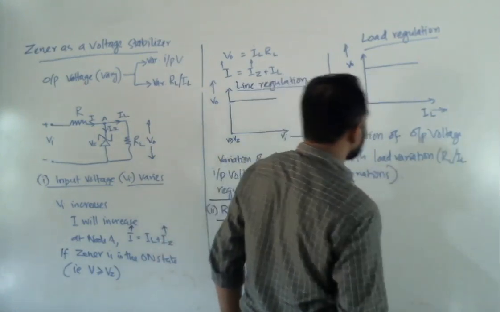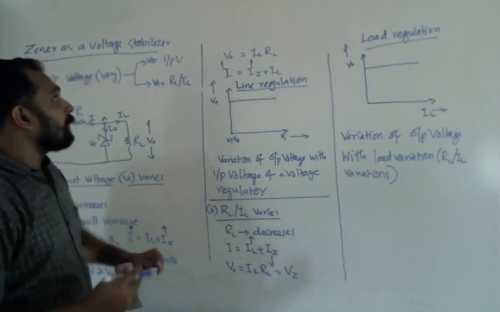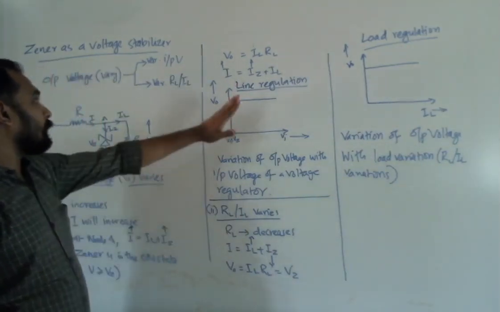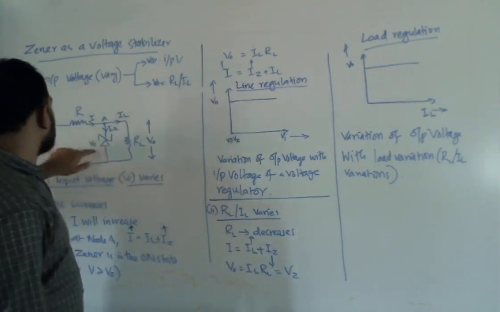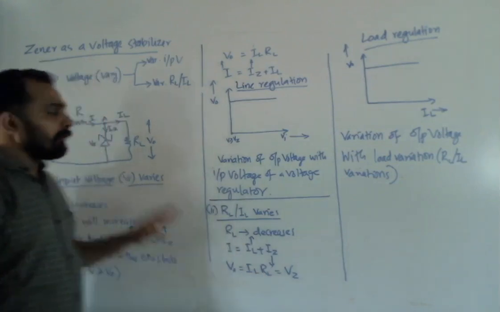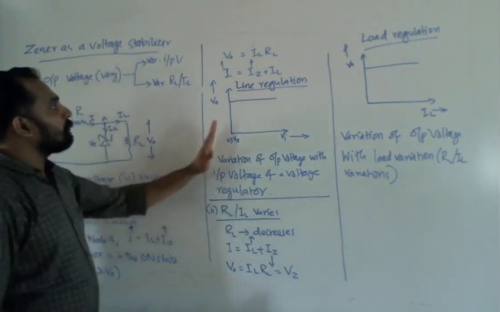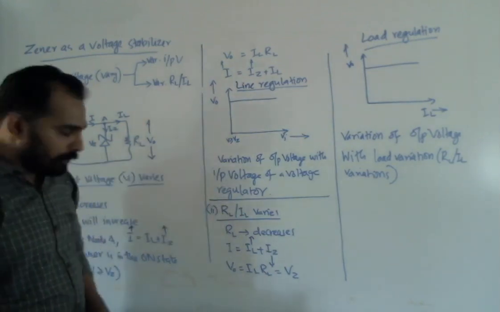So line regulation and load regulation are the two types of regulations we can achieve by using a Zener diode. And remember that in all this, the Zener diode will be in the on state to perform the line regulation or load regulation.